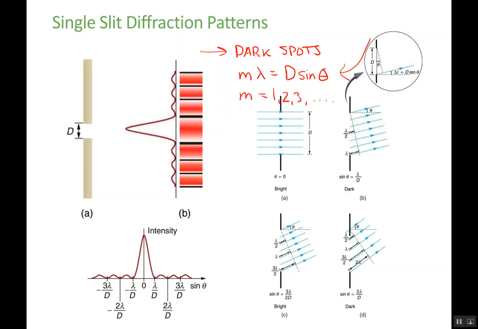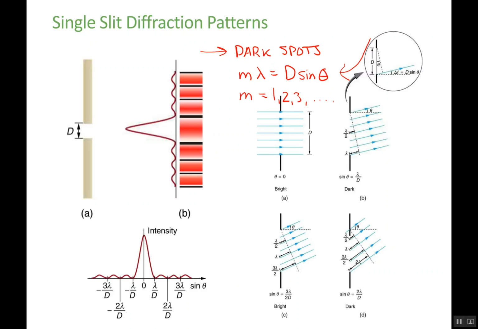So although this equation looks very similar, there's a very important and significant difference between this equation giving the dark spots of a single slit pattern and the equation from the previous slides, which gives the locations of the bright spots in the two or many slit pattern. And that difference is here, big D is the width of the slit, whereas previously little d was the spacing between the slits.